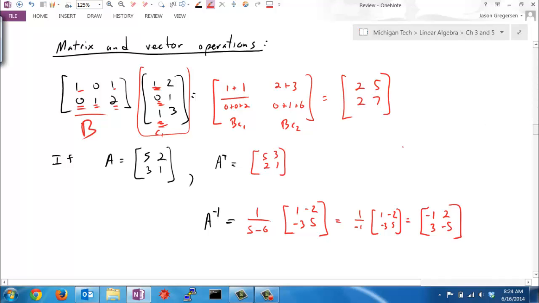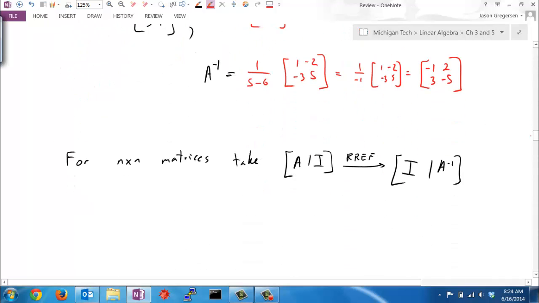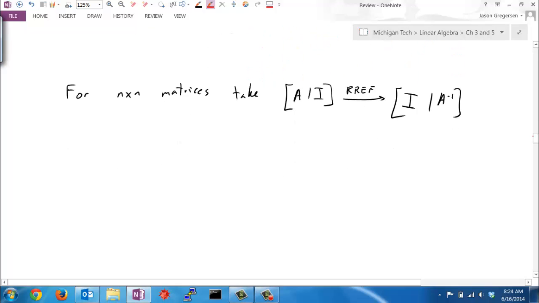All right, of course, that's the inverse of a 2 by 2. We talked about it in general for larger matrices. We have a more formal process here. We essentially augment our matrix A with the identity of the same size. And we just go ahead and do the full row reduction. We can only have an inverse matrix if our matrix row reduces to identity. So if we're doing the row reduction and we can't get to here, there is no inverse.